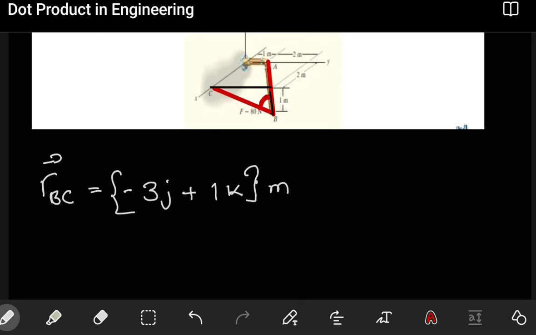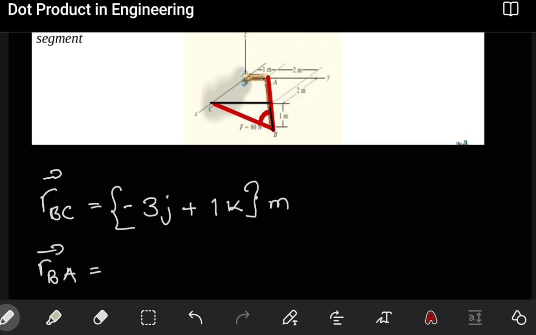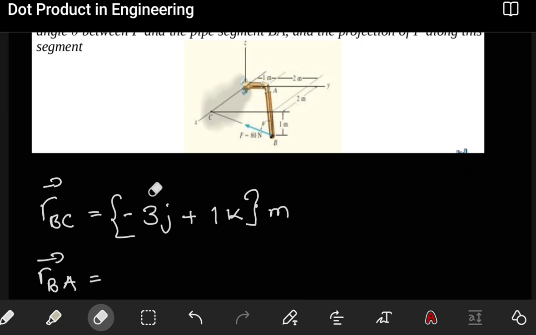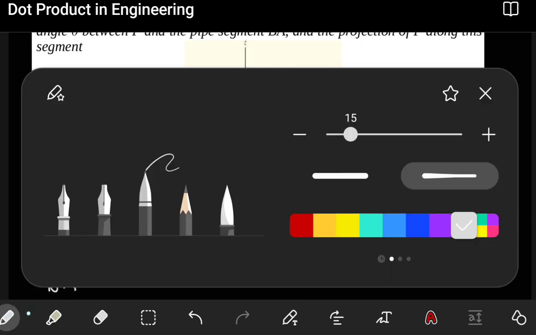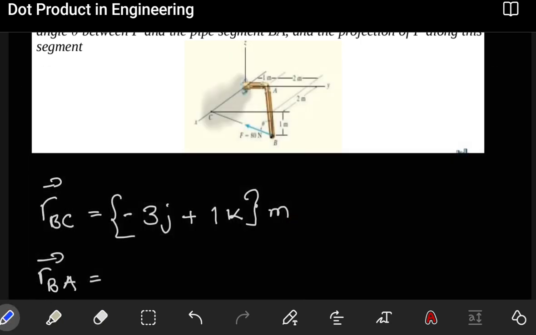Then the next thing that we need is the vector running from B to A. And for this one, let's see what we have to do. So to run from B to A, this is literally just going up to that point, and we see that A is along the y-axis.